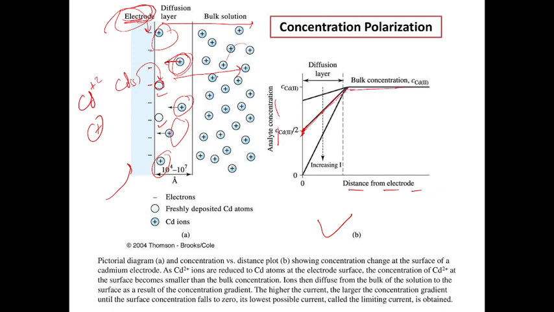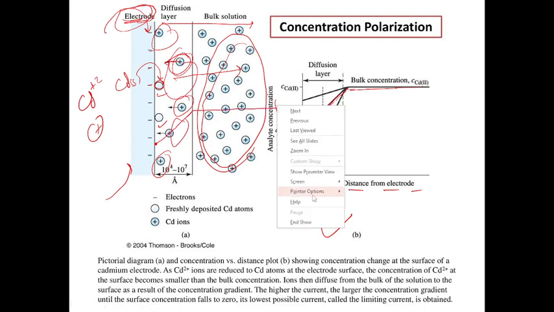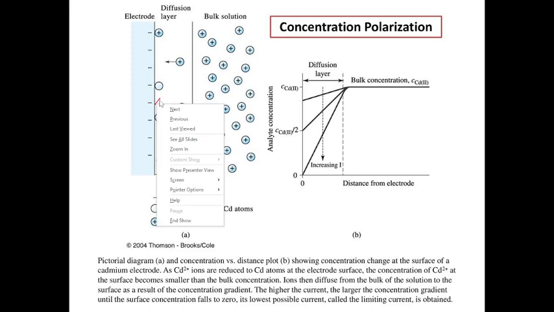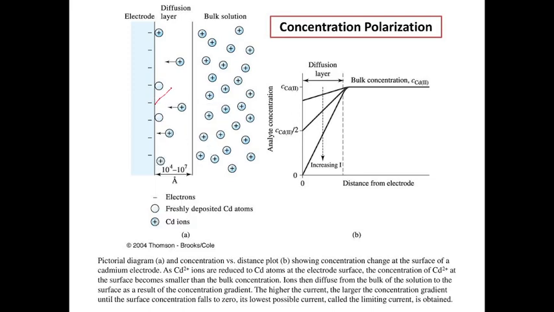In the bulk area the concentration is almost constant, but in this region near the electrode the concentration is lowest and it increases like that, then becomes constant. I can simply draw the graph here: the concentration will increase like that, because this is the diffusion layer, and after that in the bulk solution it will be constant.